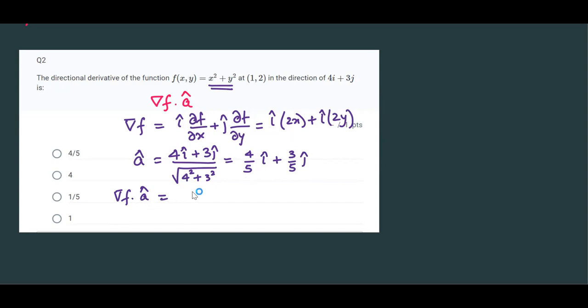So 2x times 4 by 5 is 8x by 5, plus 2y times 3 by 5 is 6y by 5. Now at (1, 2), this is 8 upon 5 plus 12 upon 5, 6 into 2. So 20 upon 5, we get 4. So the answer is 4.